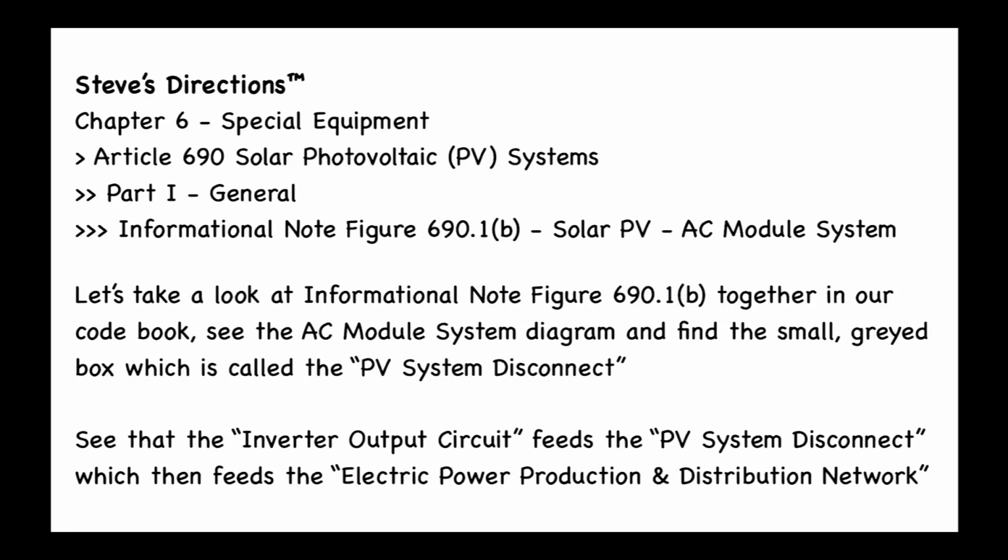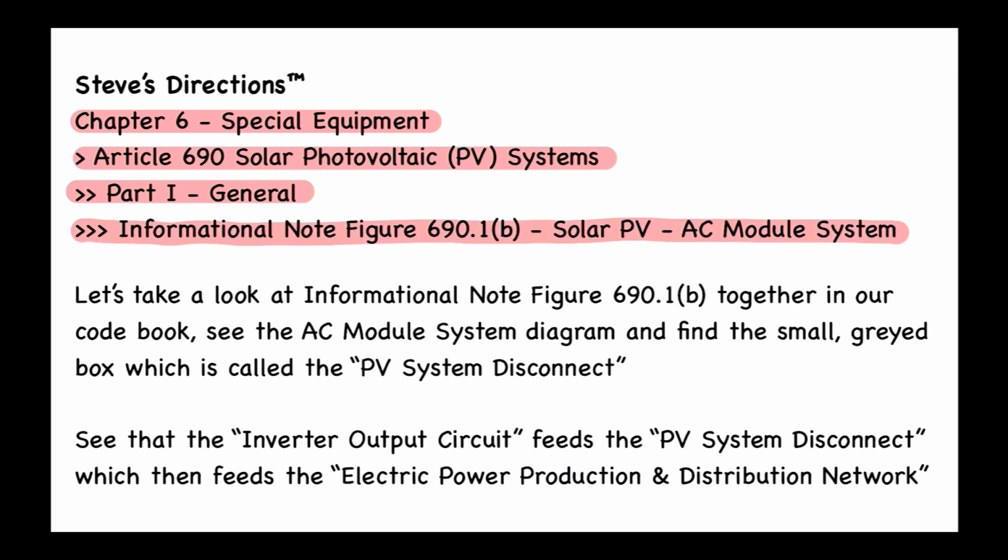And that's going to be Article 690, Solar Photovoltaic PV Systems. That's within Chapter 6, Special Equipment. And when we're in 690, we'll look at the parts, and then we see Part 1 is General. And then we see this informational note figure 690.1b, Solar PV.